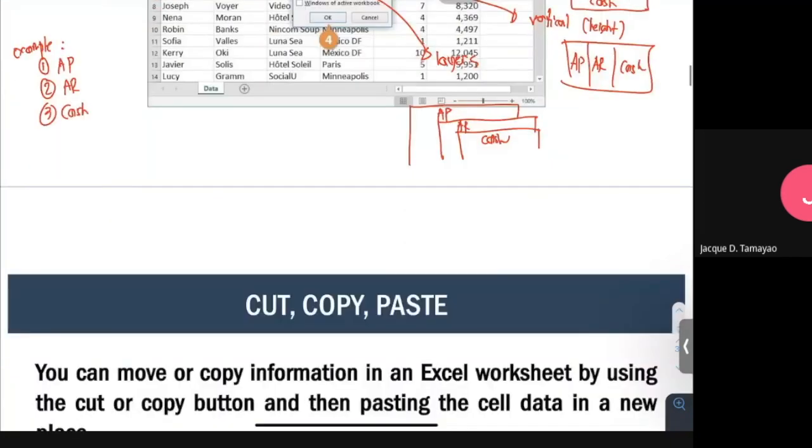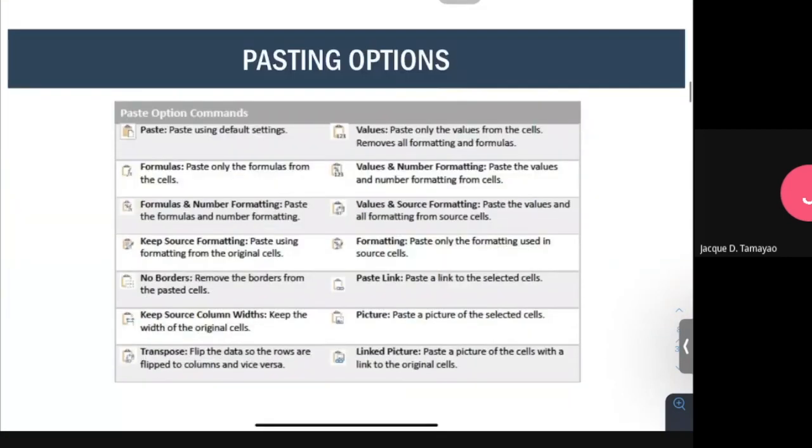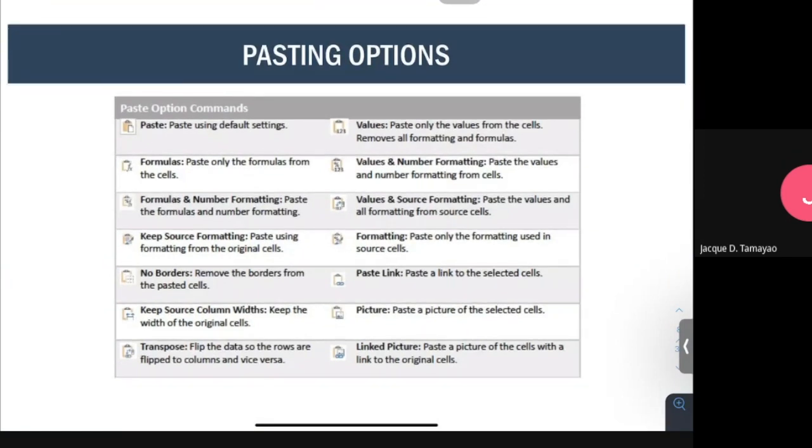Next, we have your cut, copy, and paste. Of course, you already know the basic cut, copy, and paste: Control C, Control V, Control X. But what I want you to look at are your different pasting options. How do you access your pasting options?